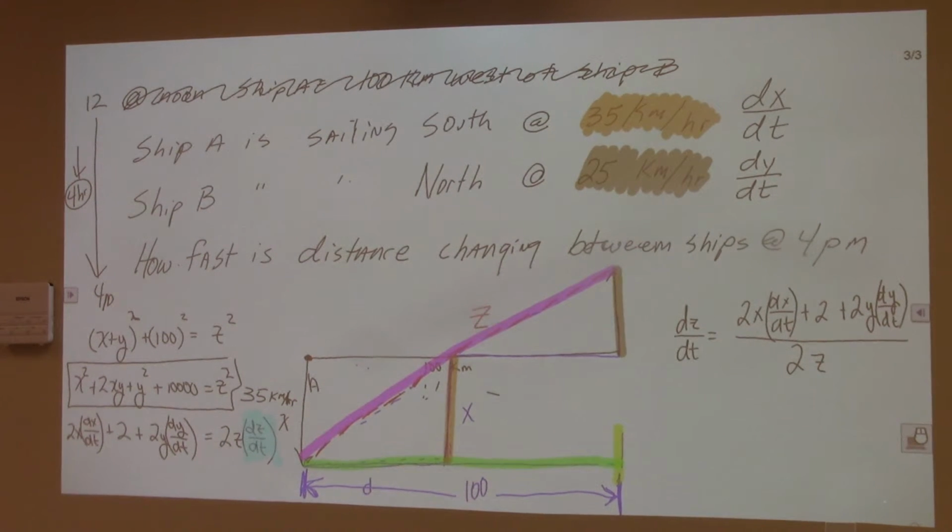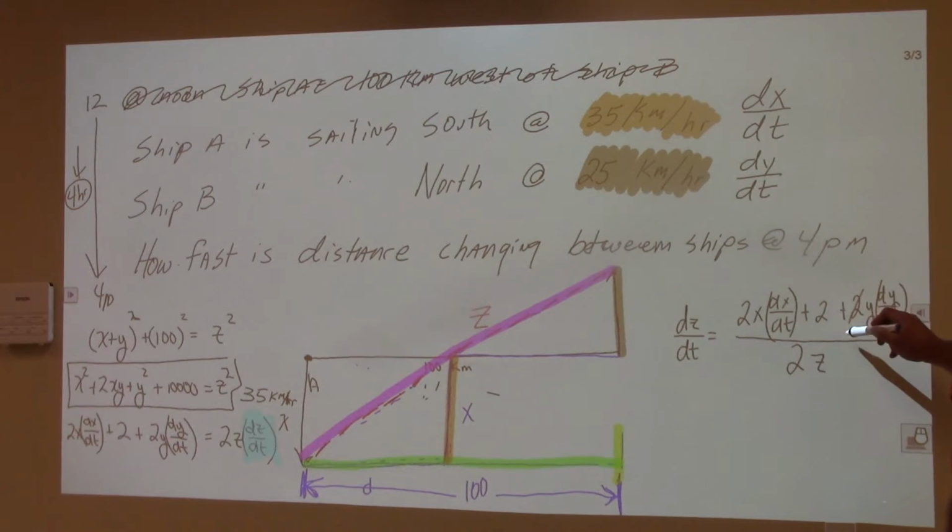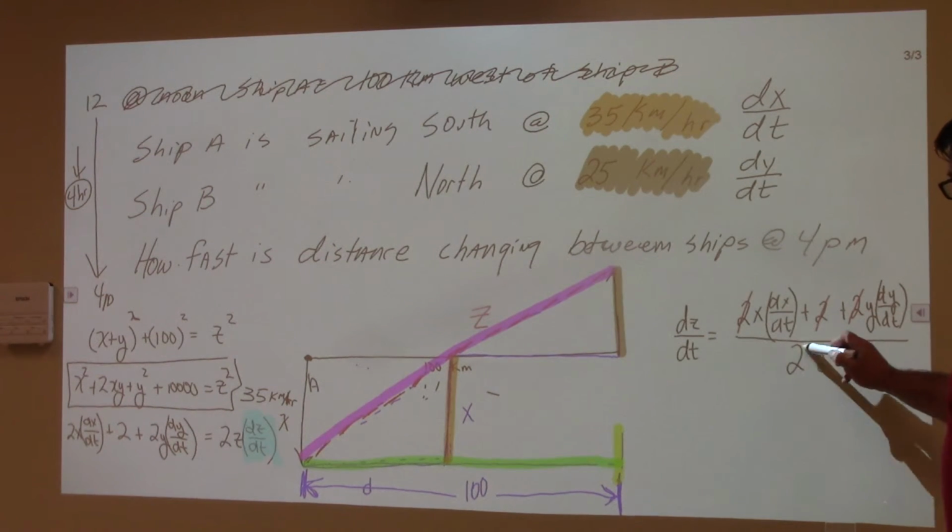Yes. All right, now what happens to the 2's? They cancel out. You don't have to cancel them out, but why keep them if they're just going to be extra work?